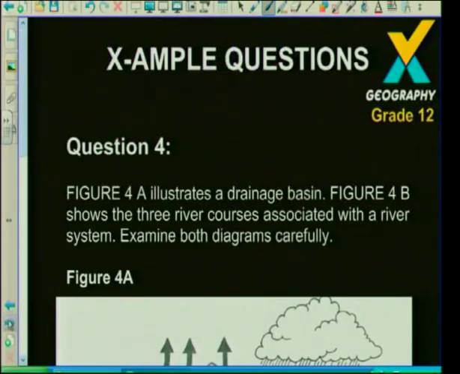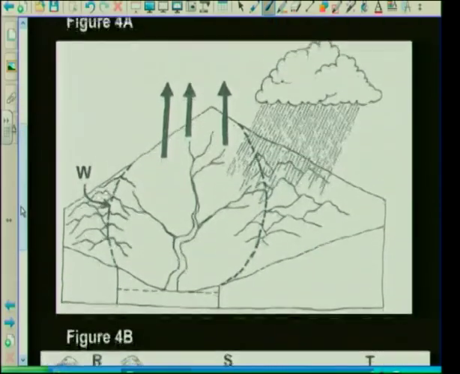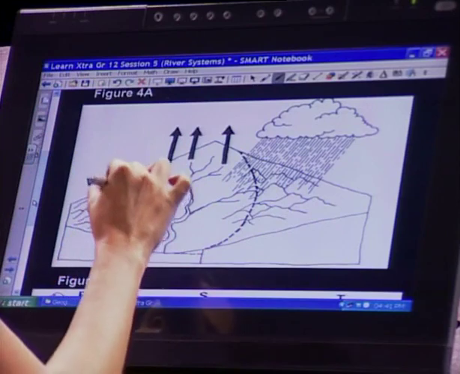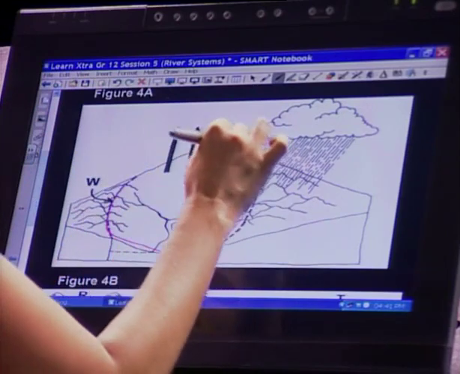Moving on. Question 4. Question 4 says, Figure 4a illustrates a drainage basin. Figure 4b shows the 3 river courses associated with a river system. Examine both diagrams carefully. So if we look, this is figure 4a. We can see once again that's the area demarcating the drainage basin.